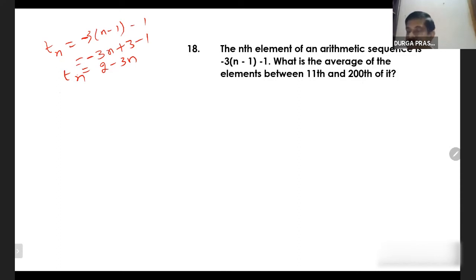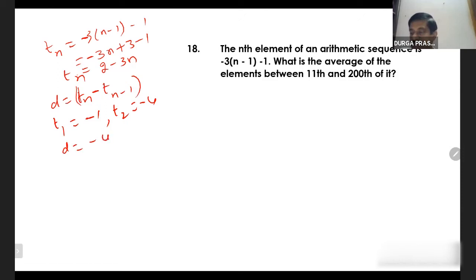So now let us take the common difference. Instead of using Tn minus Tn-1, we can also take T1, T2 and T3 and so on. T1 is 2 minus 3, which is minus 1. T2 is 2 minus 6, which is minus 4. So the common difference, T2 minus T1, is minus 3.